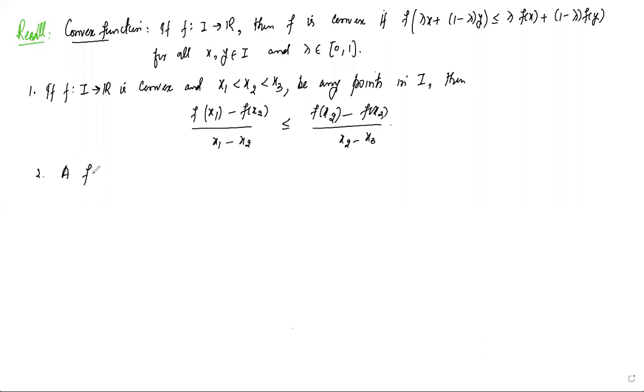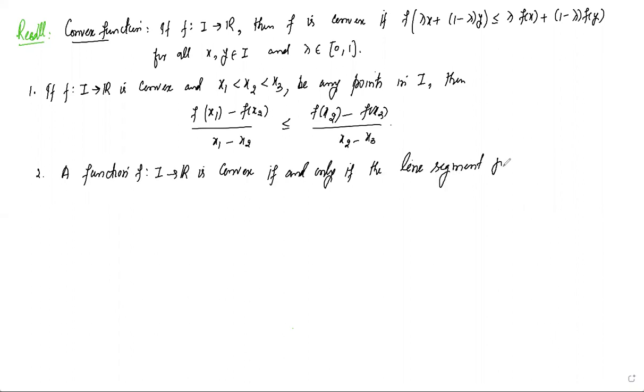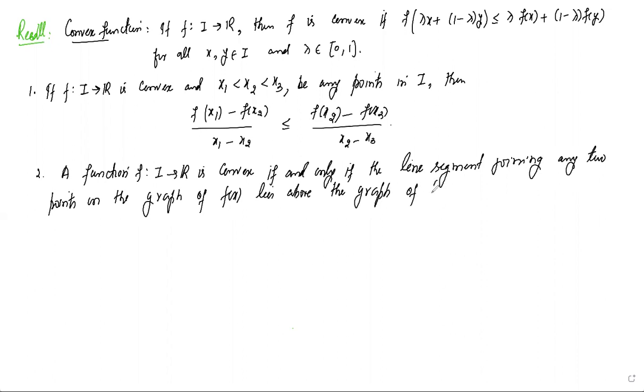A function f from I into R is convex if and only if the line segment joining any 2 points on the graph of f of x lies above the graph of f of x.